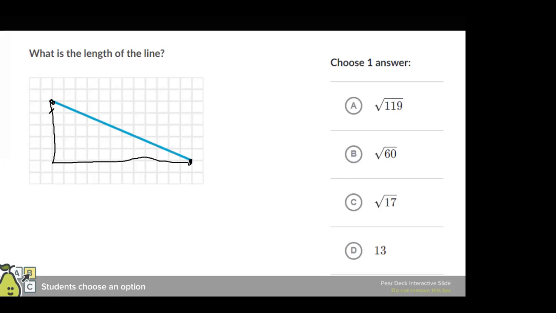So this is 1, 2, 3, 4, 5. This is 1, 2, 3, 4, 5, 6, 7, 8, 9, 10, 11, 12. So we're going to do 5 squared plus 12 squared, and that'll get us our c squared. 25 plus 144.